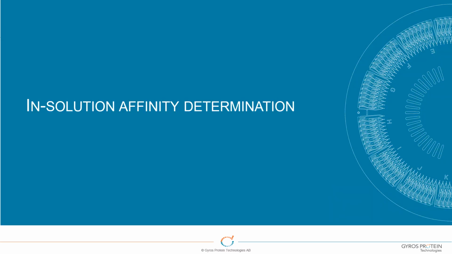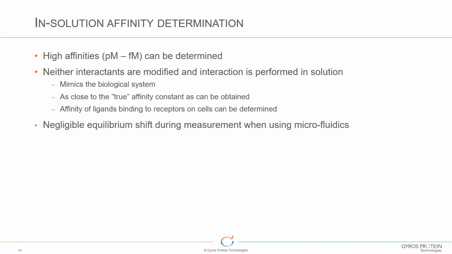So let's take a look at in-solution affinity determination on the Gyrolab. The important thing with in-solution determinations is that high affinities can be determined, and the interactants are not modified, and the interaction is performed in solution, so it does mimic the biological system. As close to the true affinity constant can be obtained.